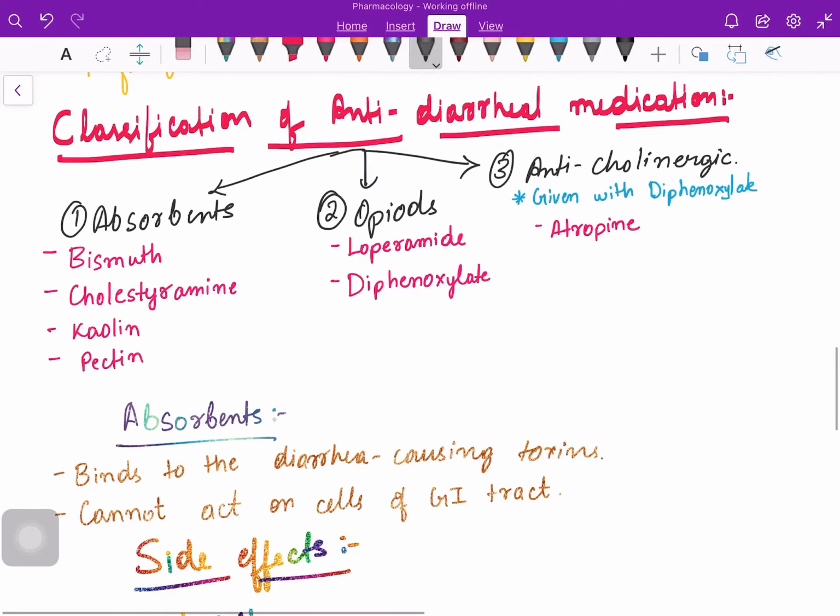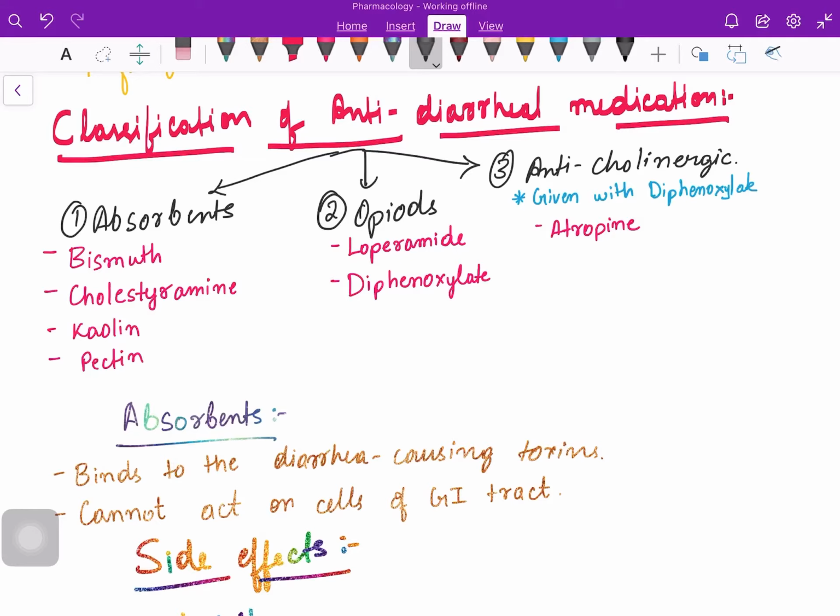Here comes the main topic, that is the classification of the anti-diarrheal medication. Suppose a person is having diarrhea, then we can give any of these classes of anti-diarrheal medication depending upon certain criteria. First one is the absorbents. There are four absorbents, that is bismuth, cholestyramine, kaolin and pectin.